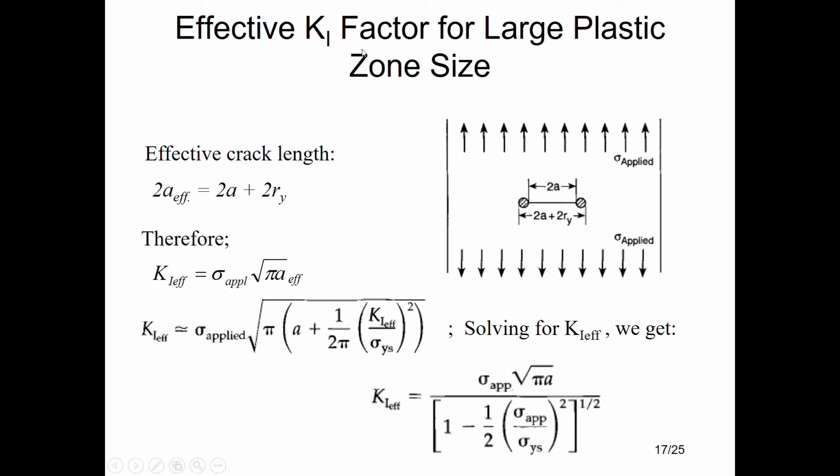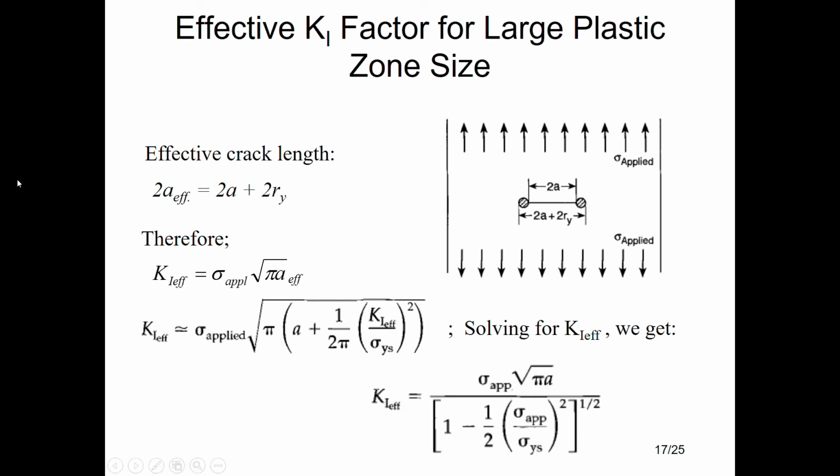The effective K1 factor for large plastic zone size. Like we discussed in the previous lecture, the crack length is represented by 2a. But if you want an effective crack length, you need to add the crack tip radius.